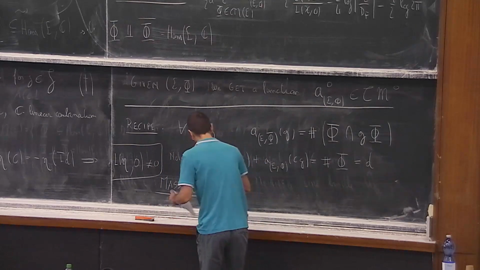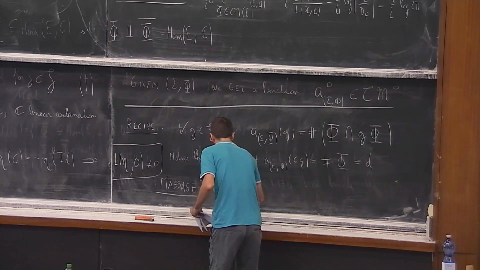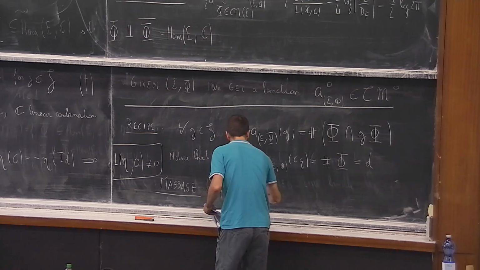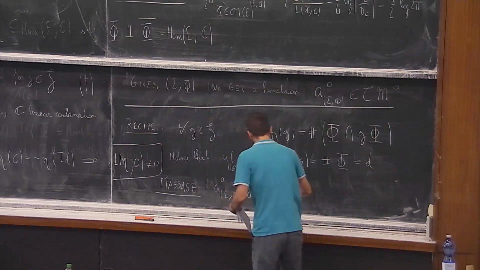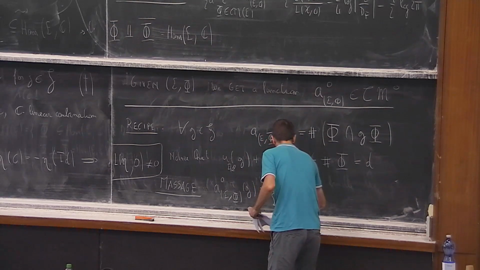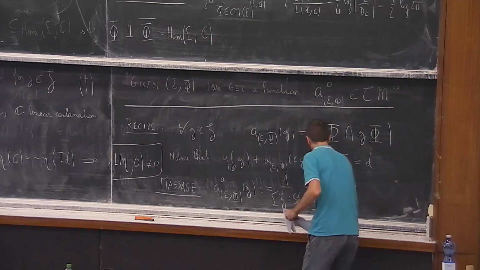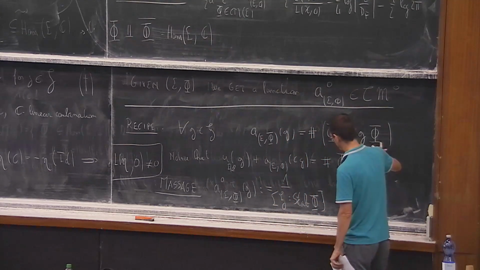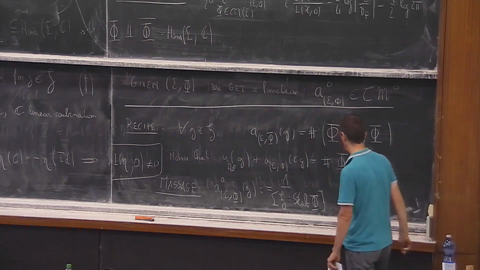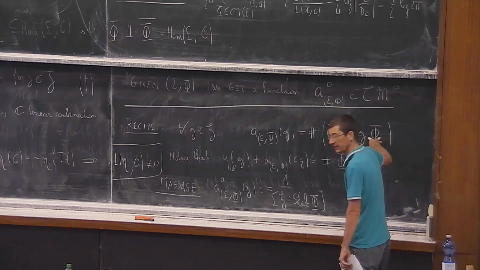And we define A_0 of E, phi at g to be, well, 1 over the index of the stabilizer of phi. So we said that the Galois group acts on these CM types. So I take simply the stabilizer, those elements that send the CM type phi into itself.